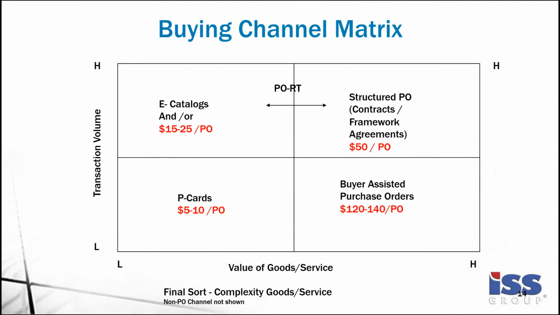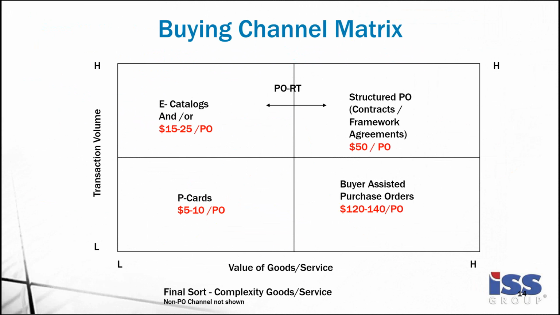So buyer-assisted purchase orders over here on the right-hand side, these are ones that purchasing is required to help develop the need, develop the spec, select the vendor, generate the purchase order, and I've got a low conservative price of $120 to $140. It gets $250 to $500 in less mature organizations.